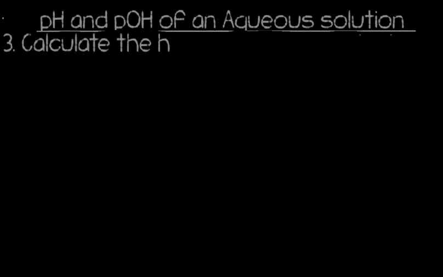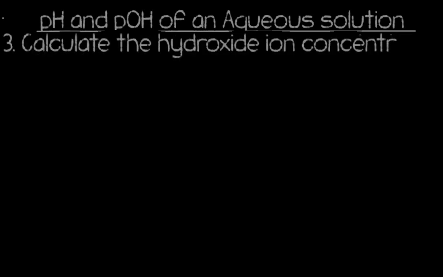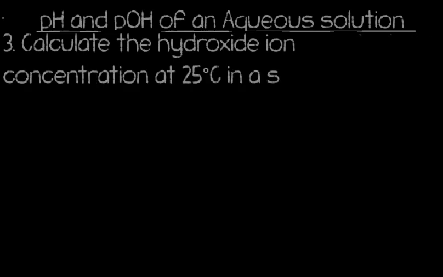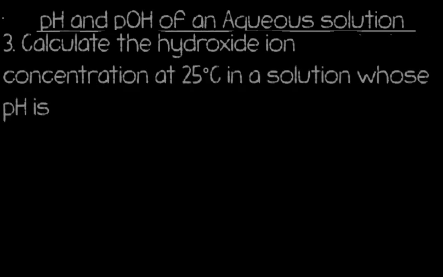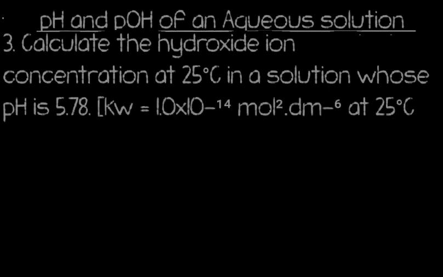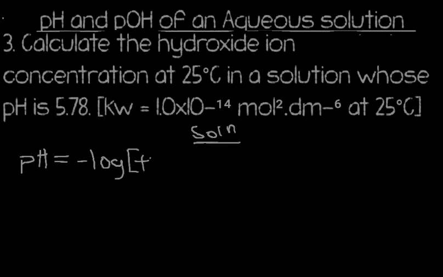But let's look at question 3. Calculate the hydroxide concentration at 25 degrees Celsius in a solution whose pH is 5.78, where the ionic product of water is 1.0 times 10 raised to the power minus 14. Remember the formula for the ionic product of water. Know that pH is equal to the negative logarithm of the H plus ion.